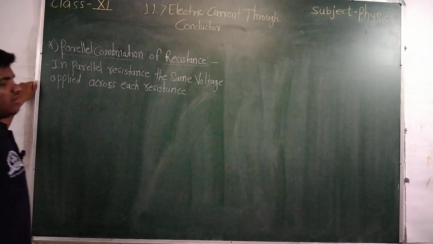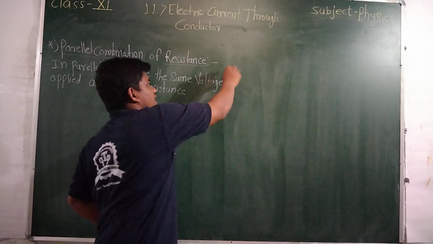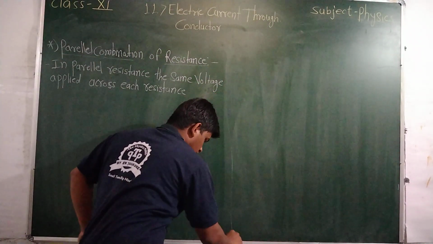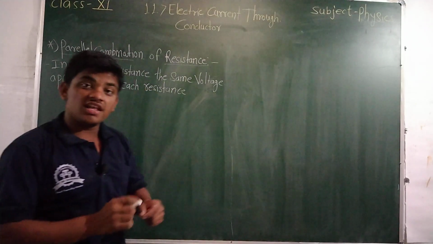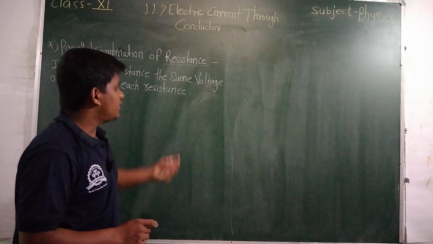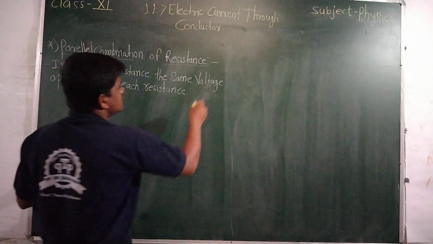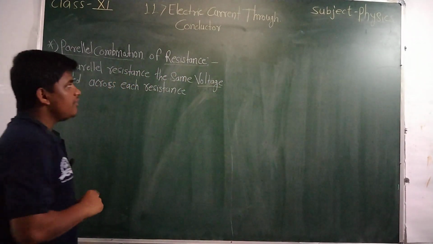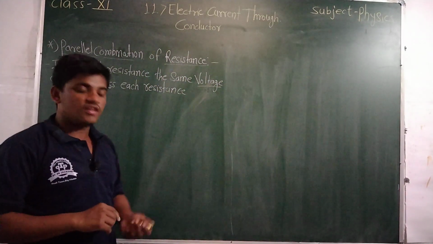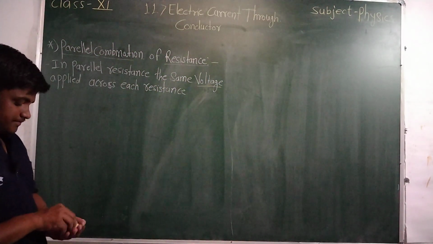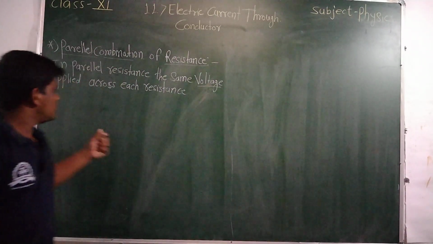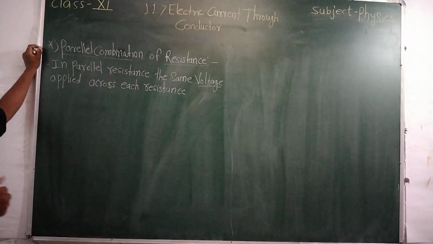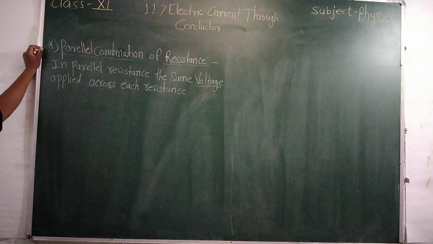In the previous lecture, when the resistors were connected in a series form, the voltage was different across each. But this will be different when we connect resistors in a parallel form.